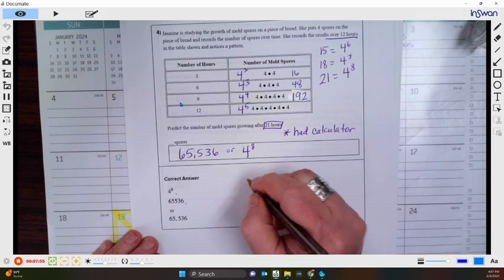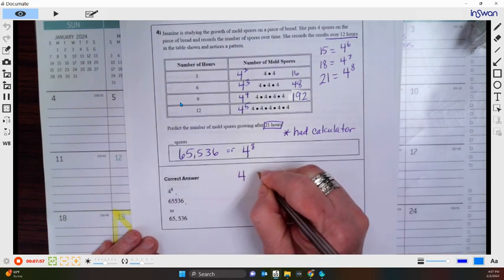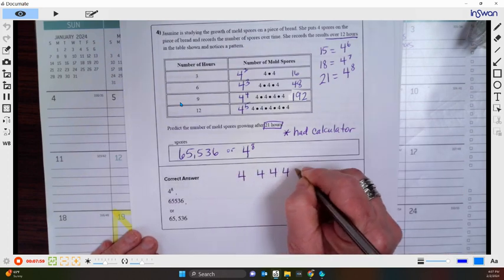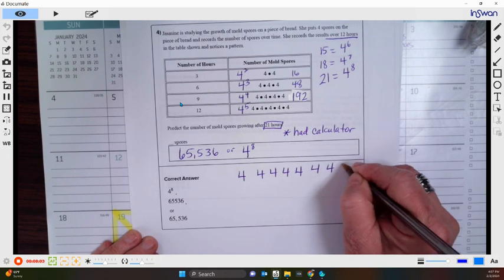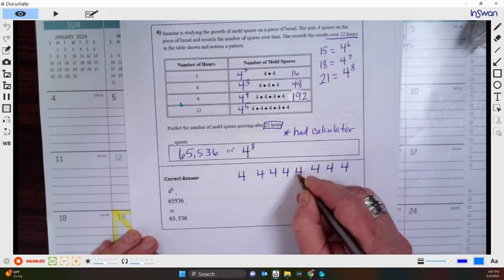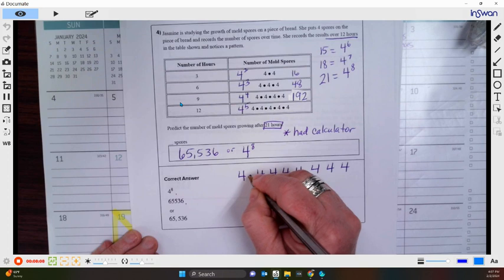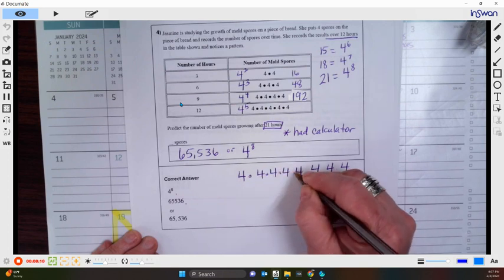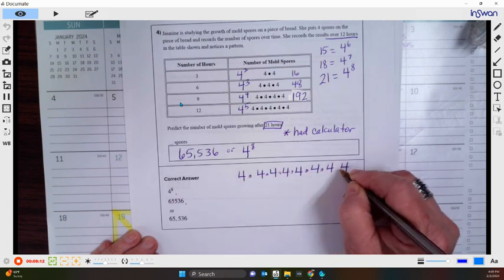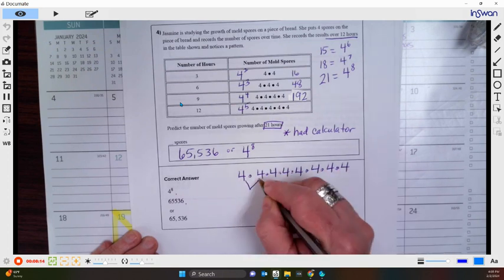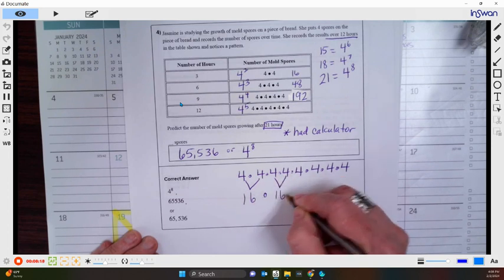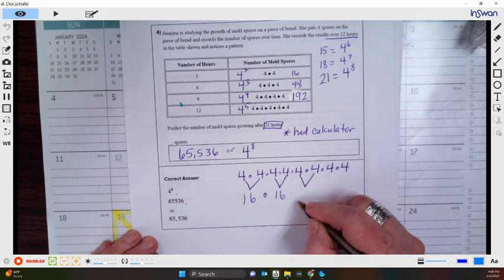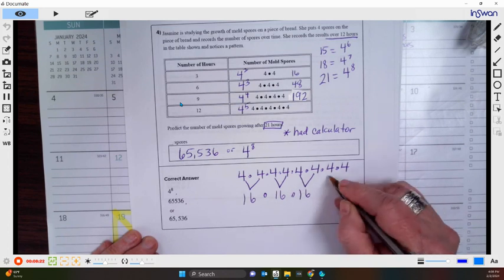But if we did have 4 to the eighth power, let's see, 1, 2, 3, 4, 5, 6, 7, 8. If you didn't have a calculator, you could combine these to 16 times 16. 4 times 4 is 16. 4 times 4 is 16. 4 times 4 is 16.